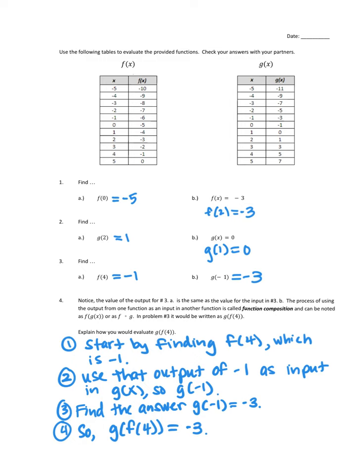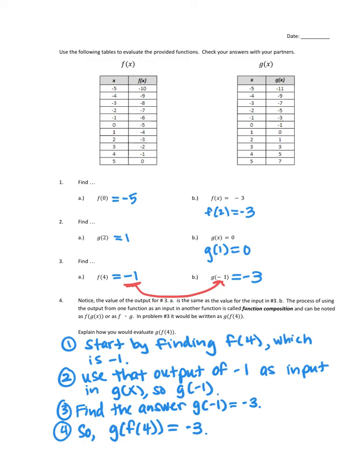Question number 4 says, notice how the value of the output for number 3a is the same as the value for the input in 3b. Notice how the output for 3a is the input for 3b.